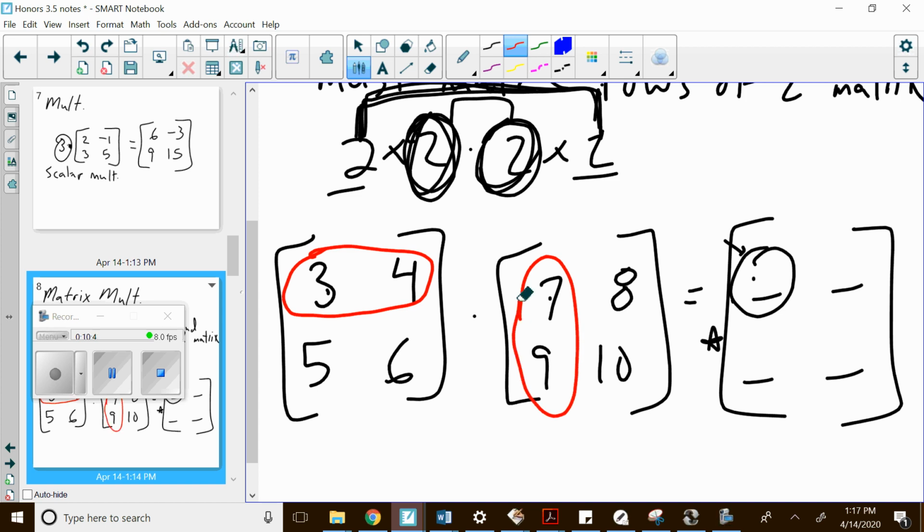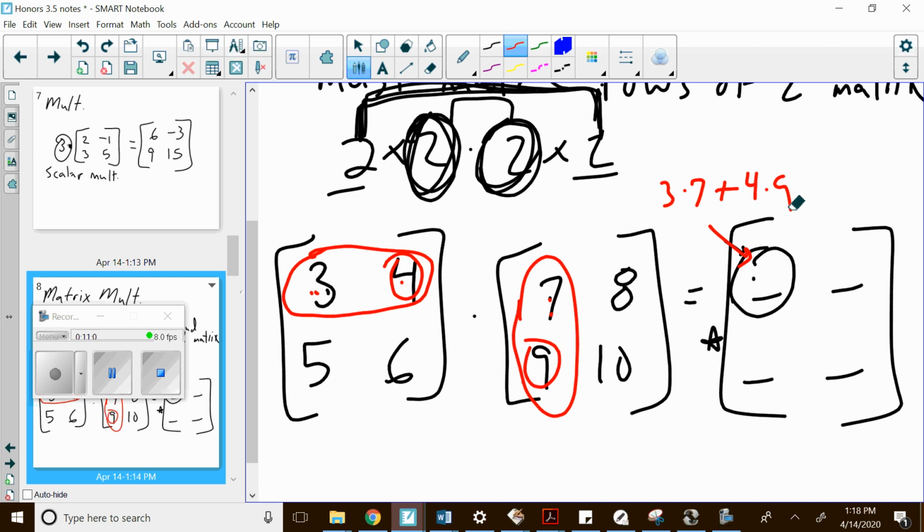You take 3 times 7, okay? First element here, first element here. So what goes in this position is 3 times 7, and you add it to 4 times 9. Second element, 4 times 9.